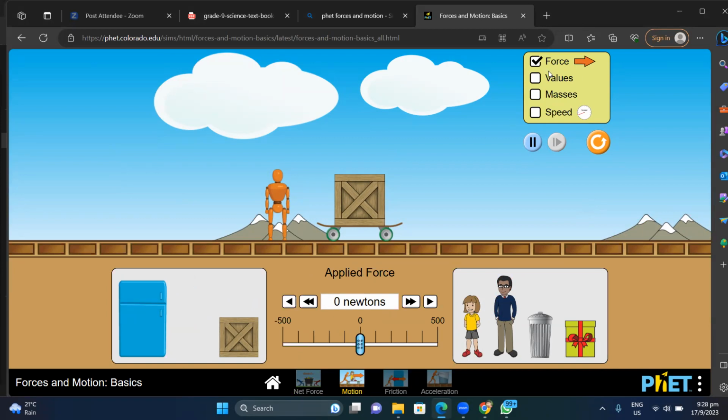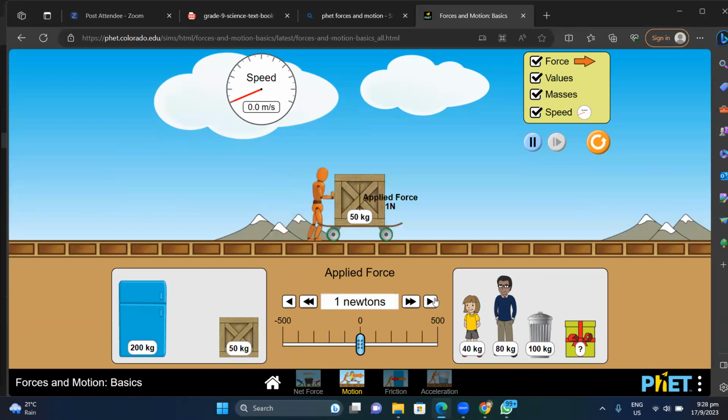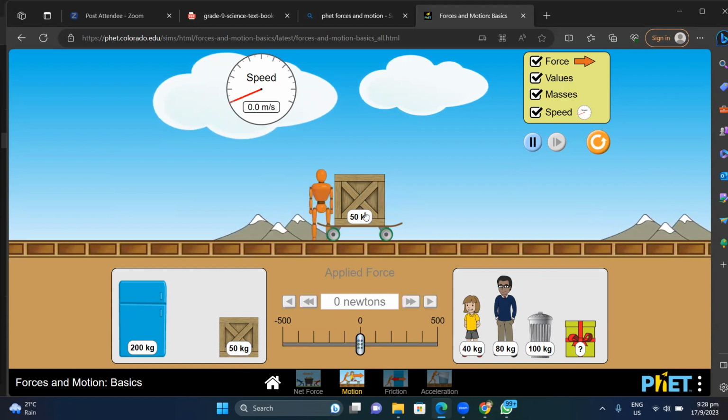Again, you can see the masses, values, and speed. All these things you can see here, 50 kg. And let's apply a small force, 1 Newton on 50 kg, and see what will happen. So 1 Newton, you can see.